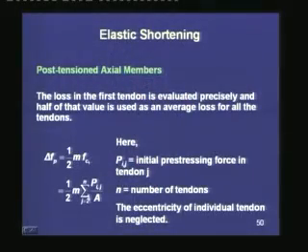And this expression can be written in terms of the initial prestressing force that is applied in the jack, and then we are summing this up for all the tendons that are being stretched.